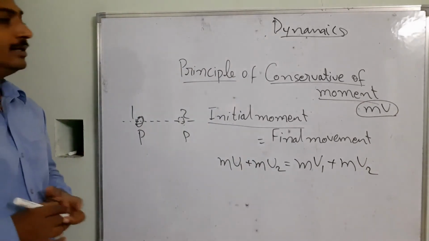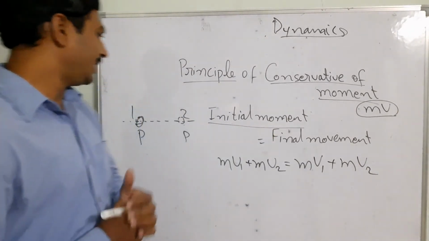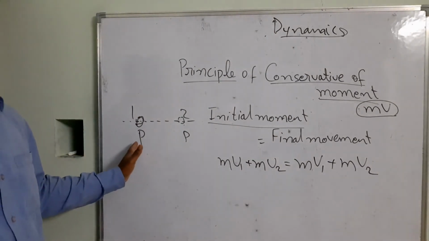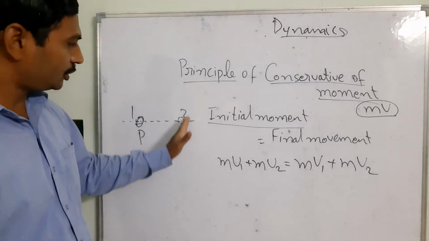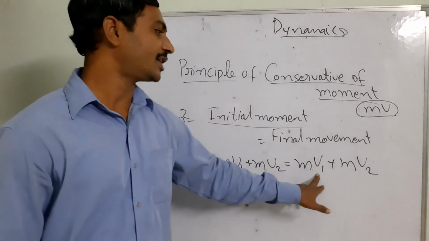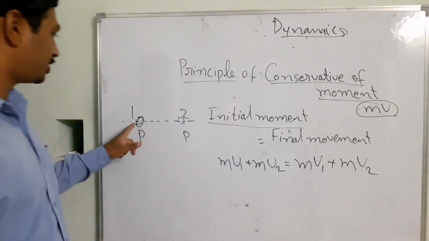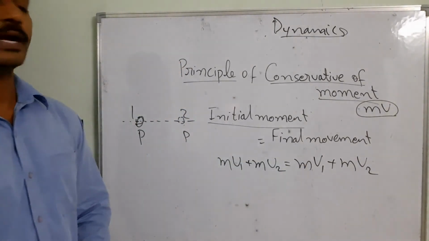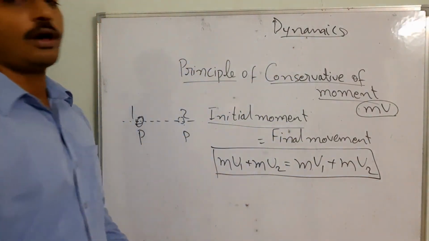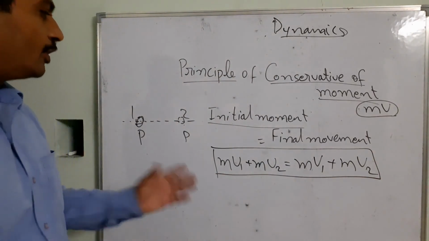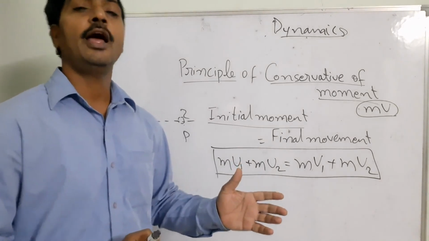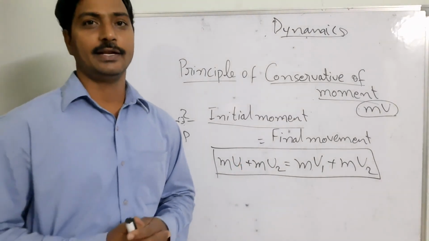There we can see the initial momentum and the final momentum. Each particle has its own initial velocity and its own final velocity at position 1 and position 2. These equations are called the principle of conservation of momentum, and we mostly use them in dynamics to calculate the velocities at the initial and final positions. Thank you.